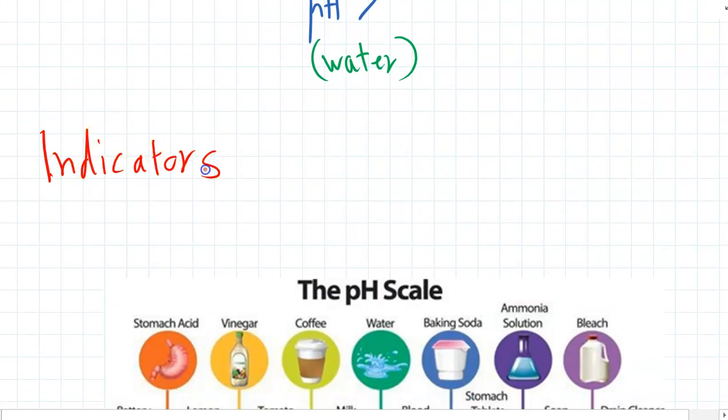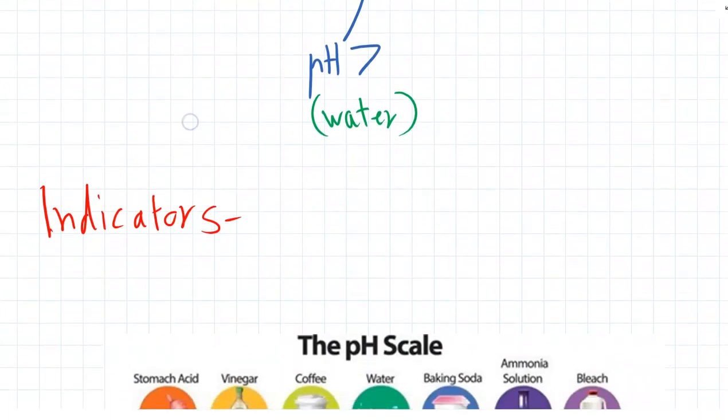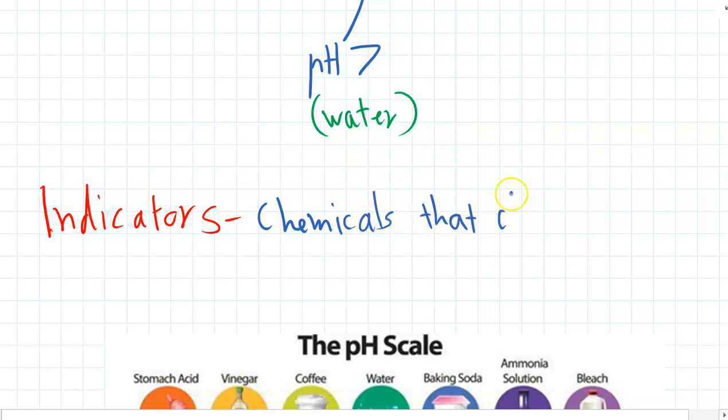Indicators are a coloured chemical where if you put a few drops of indicator into another chemical, the indicator will change colour and tell you what pH that chemical is. So they're chemicals that change colour depending on the pH.